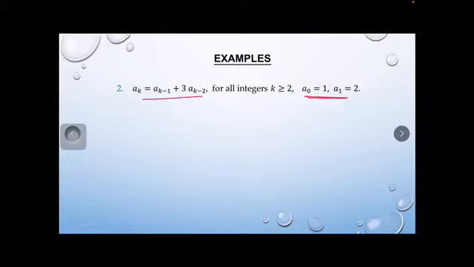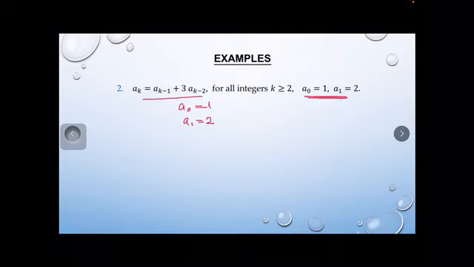So we need 2 initial conditions. Here a_0 and a_1 are given: a_0 is 1 and a_1 is 2. So we need the first 4 terms.